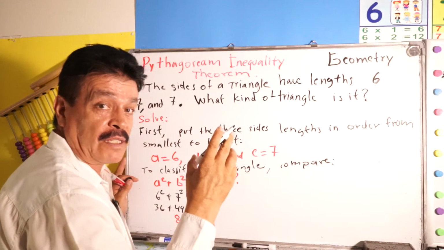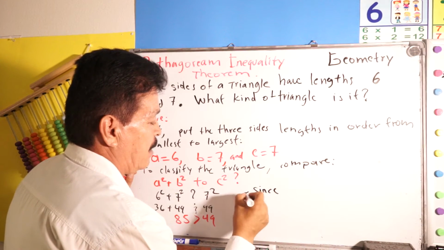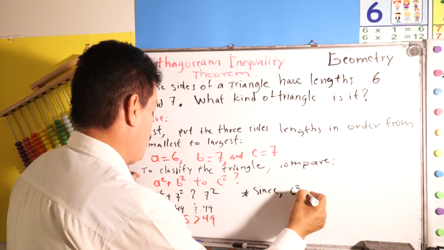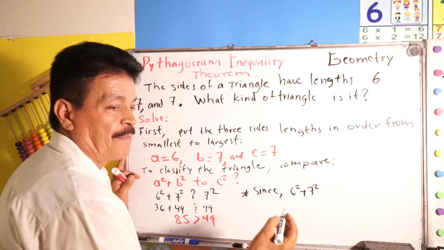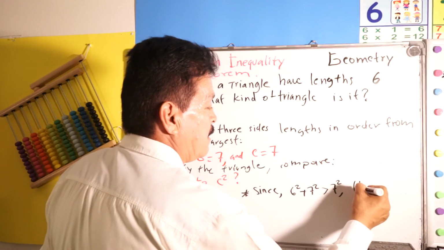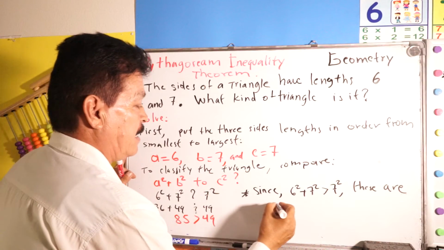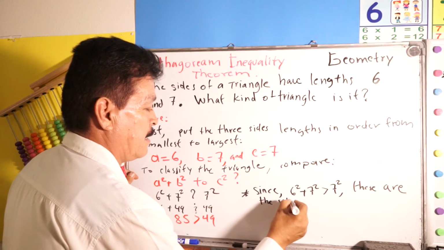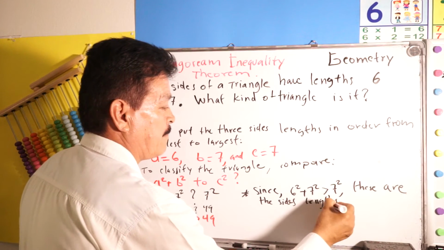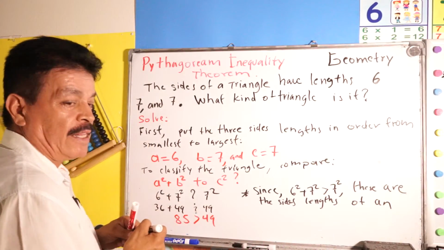So remember the formulas, the little clue I gave you before. Since 6 to the second power plus 7 to the second power is greater than 7 to the second power, these are the side lengths of what kind of triangle?